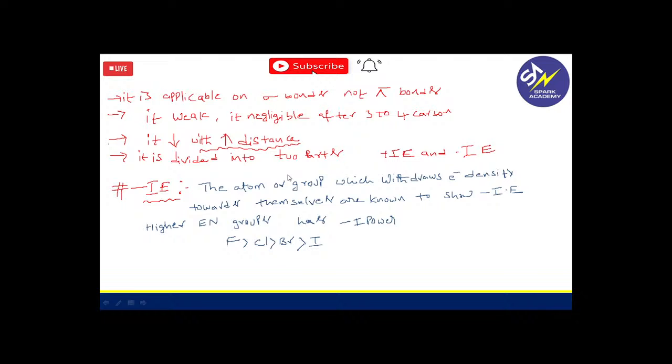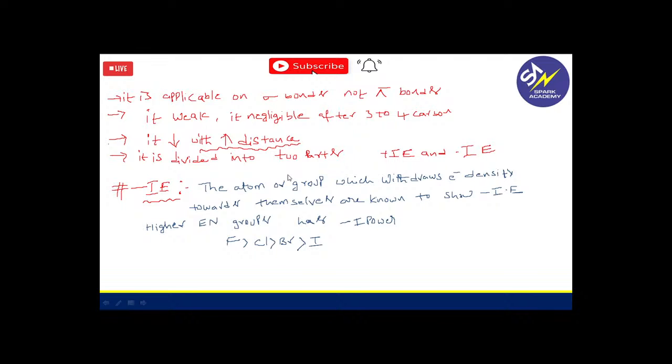Coming to minus I, the atom or group which withdraws electron density towards itself is said to show minus I effect. A more electronegative group has more minus I power. For example, fluorine, chlorine, bromine and iodine: fluorine is more electronegative than chlorine, bromine and iodine, so fluorine has higher electron withdrawing power.